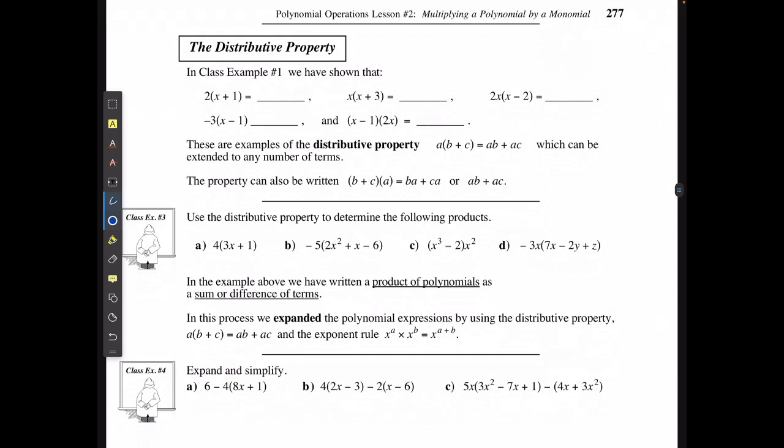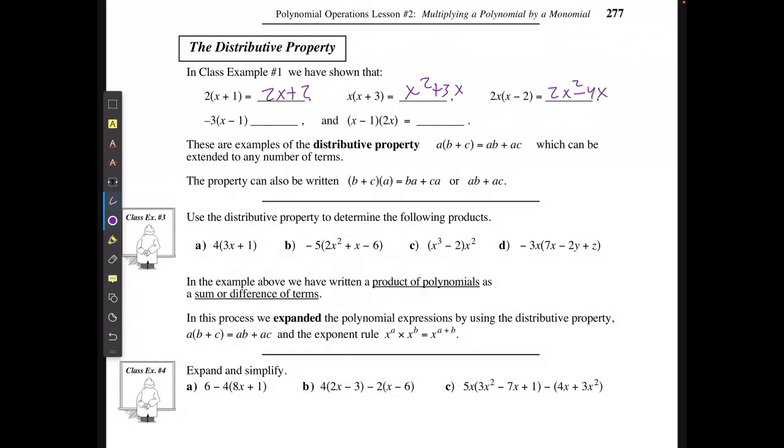The distributive property shows how to expand out or how to multiply polynomials. When I multiply 2 times x plus 1, we already showed in example 1 that this is going to equal 2x plus 2. x times x plus 3 is going to give me x squared plus 3x. 2x times x minus 2 is going to be 2x squared minus 4x.